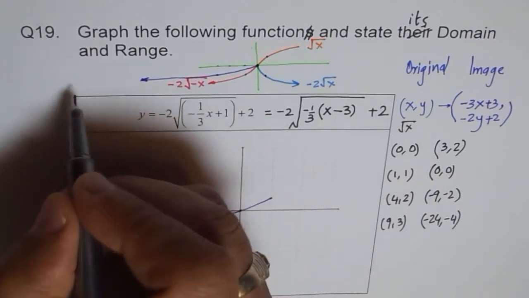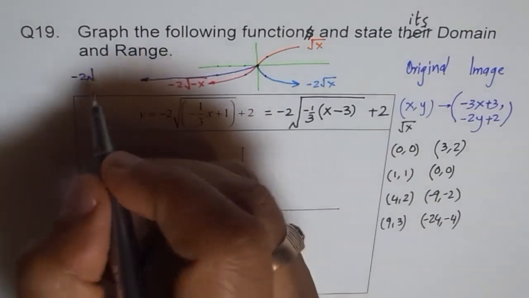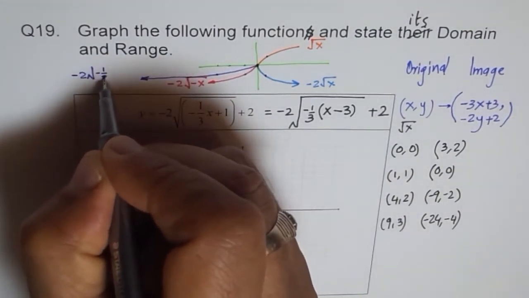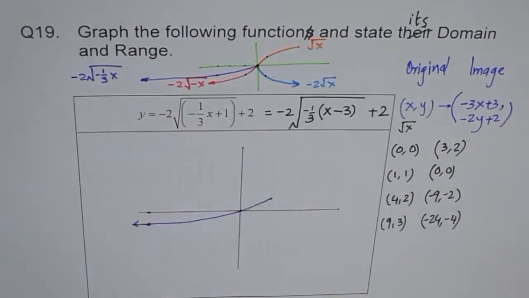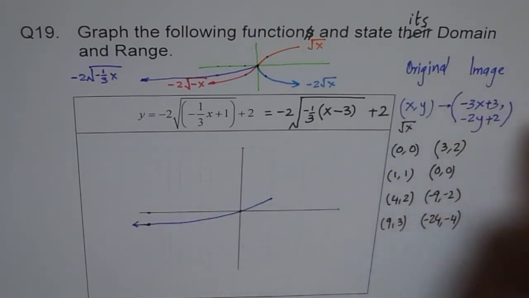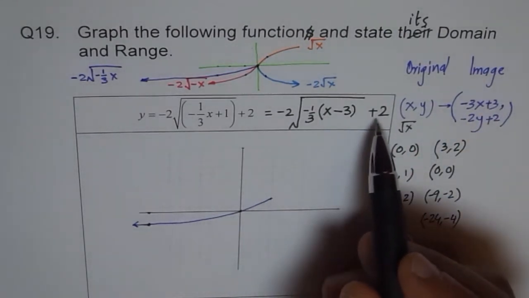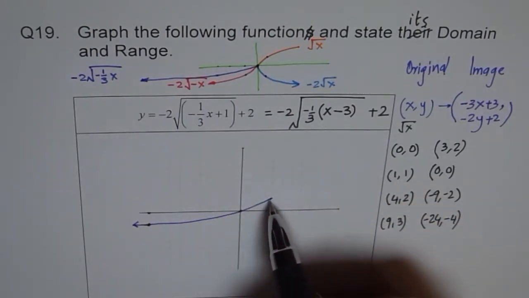And so now we get here minus 2 square root of minus 1 over 3 x, everything under the square root. Do you see that? So this is the stretched part, correct? And the last part is, of course, to translate and draw your final graph. So when you translate it, you have translated 3 units to the right and 2 units up.